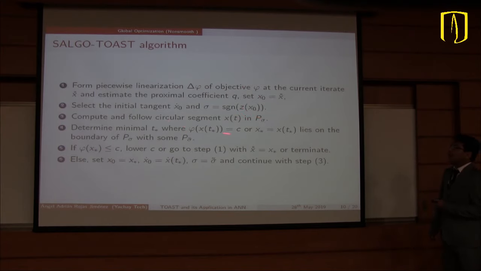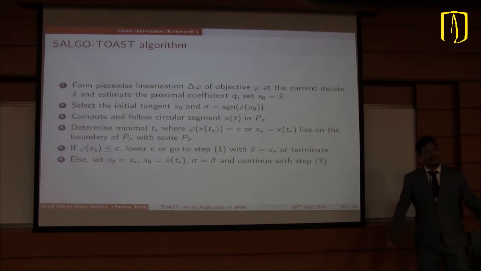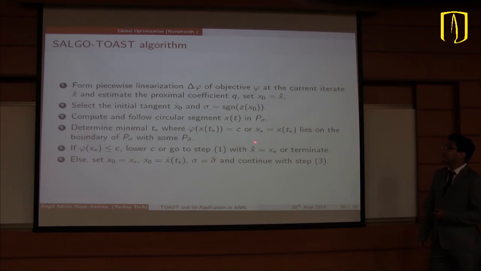Then compute and follow the circular segment obtained from our ODE. Determine the minimal time that this trajectory takes to reach the boundary of the polyhedron we are in, or whether the target level is inside this polyhedron.